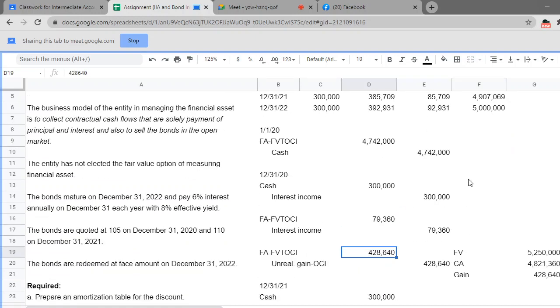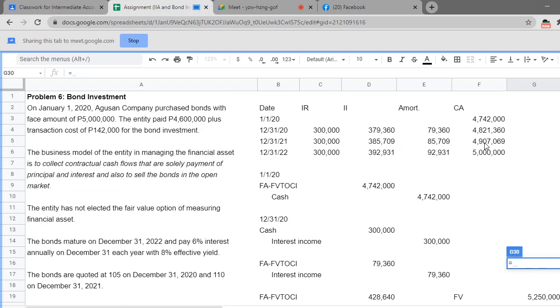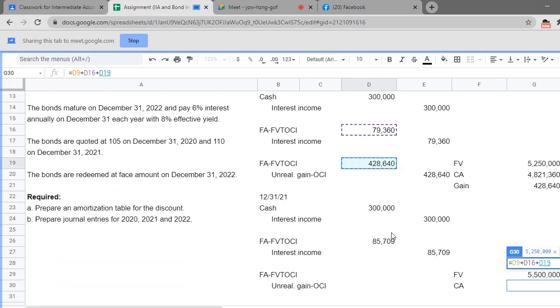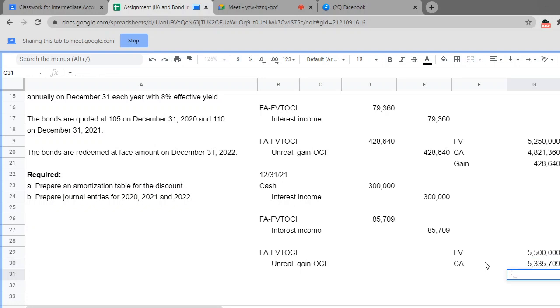So therefore, our carrying amount di ay would be this one. Kani plus the amortization plus the gain from change, and it will yield to 5,335.